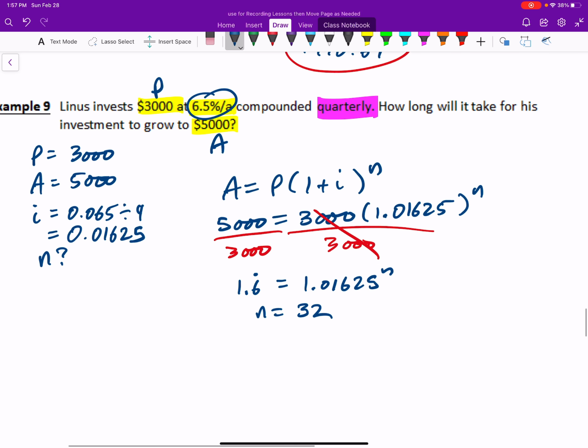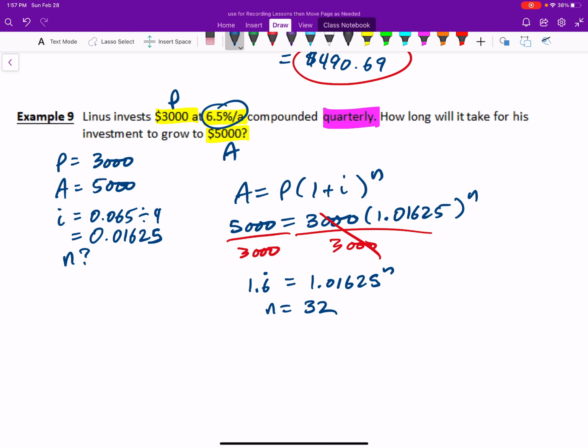That's not the answer, though, because the question never said, what's the n value? It said, how long? So I have to convert n back to a time. Remember, this is an investment that involves quarterly calculations. So n is 32 quarterly calculations.